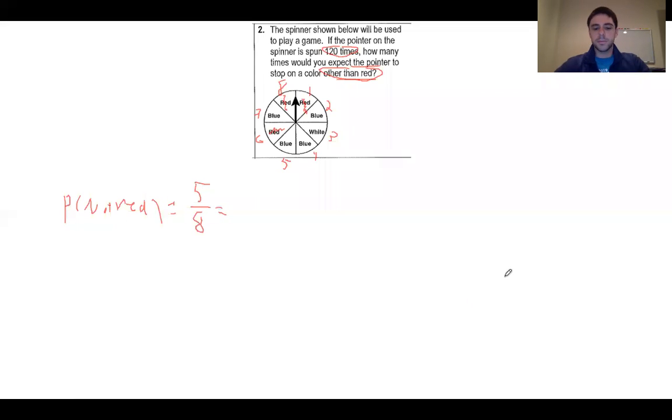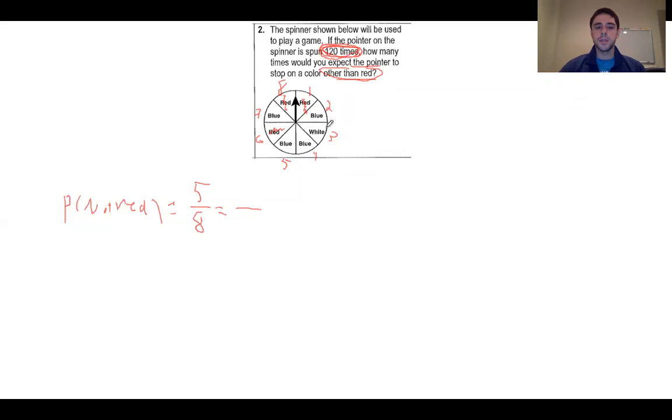Awesome, yep. So 5 out of 8 was our initial ratio here. And we want to see what that's going to equal to see how many times we land on not red if we spin it 120 times.